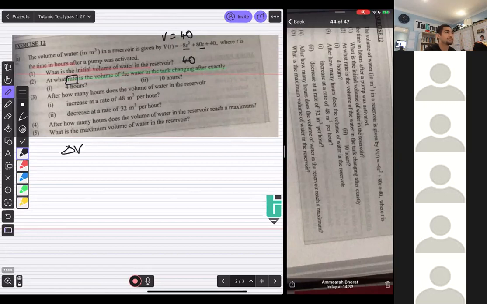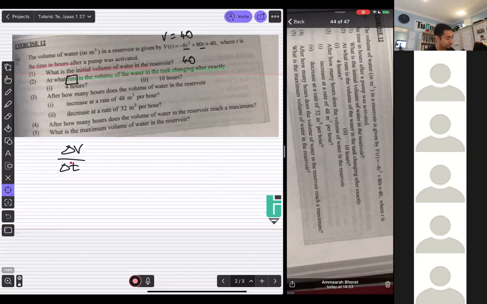It implies derivative. It implies that you're looking at something with respect to time. If I said the rate of distance, it's just distance over time. So whenever I use the word rate, I'm implying that I'm looking at something with respect to time. So they're asking, how is the volume changing with respect to time, the rate?